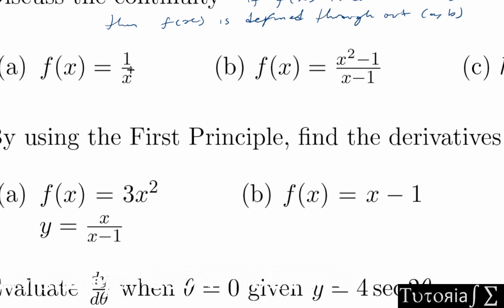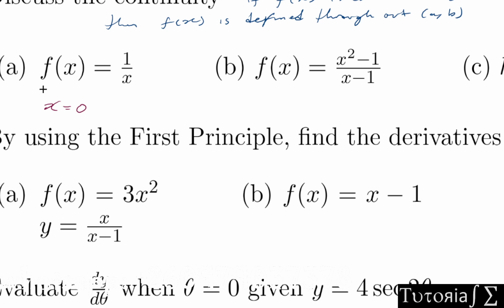And if there is nothing we can do to simplify the function such that it is defined, then we conclude that the function is undefined. For this one, we equate the denominator to 0, so x equals 0, and we see that 1 over 0 is undefined at x equals 0, and there is nothing we can do to simplify this function for it to be defined.